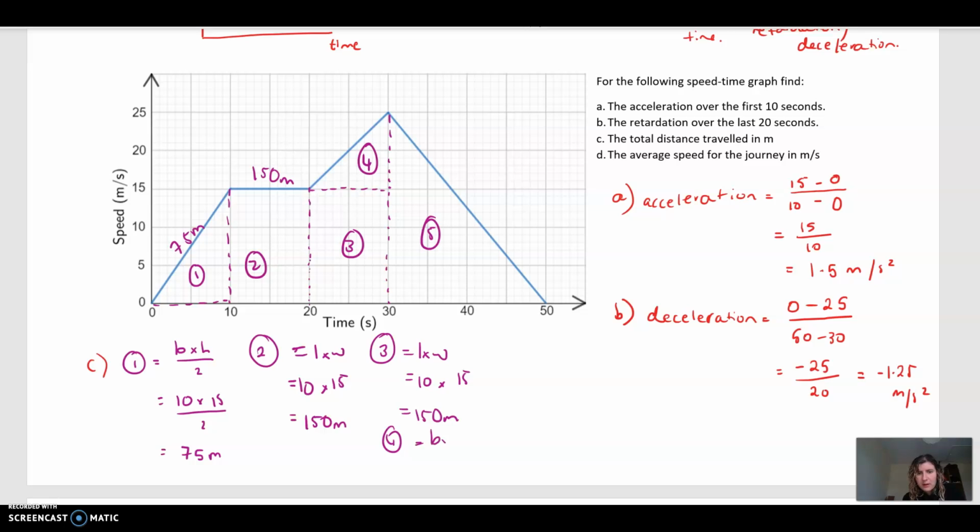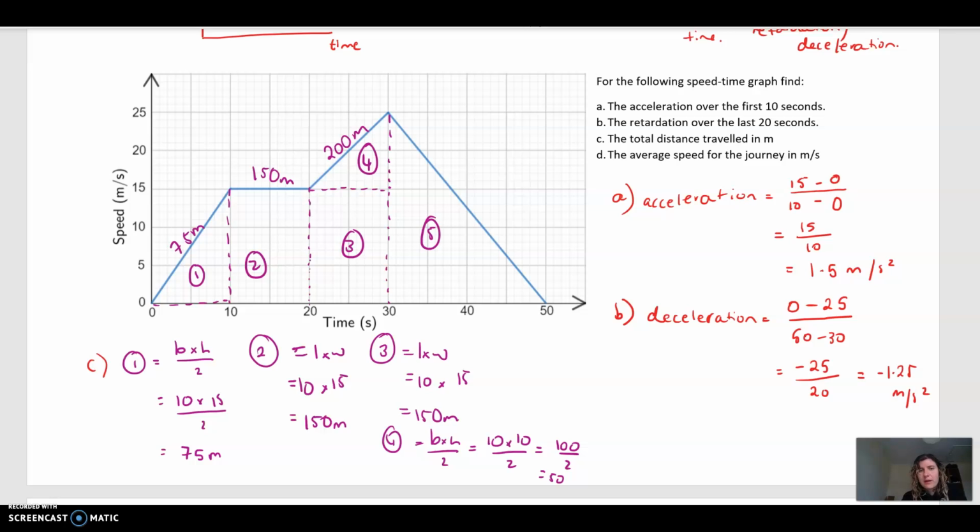That's base times height over 2, which is 10 for the base times 10 for the height, divided by 2. So that's 100 divided by 2, which is 50. So overall, for 3 and 4, my total distance is 150 plus 50, which is 200 meters for that part.